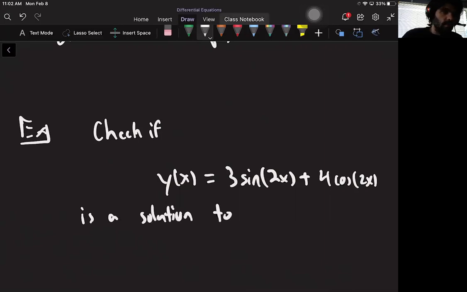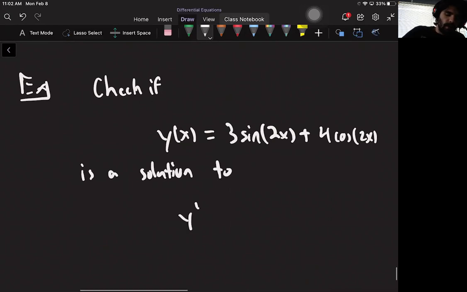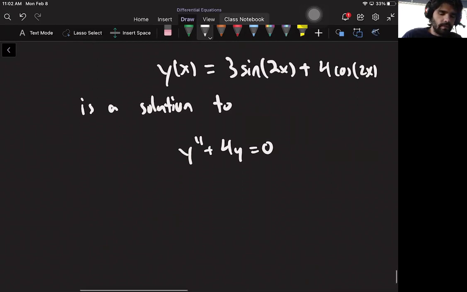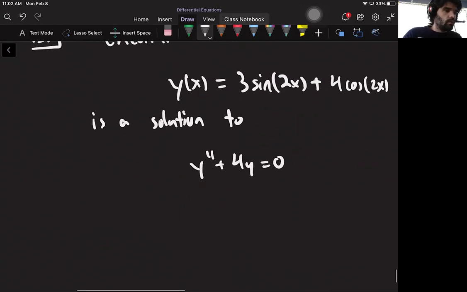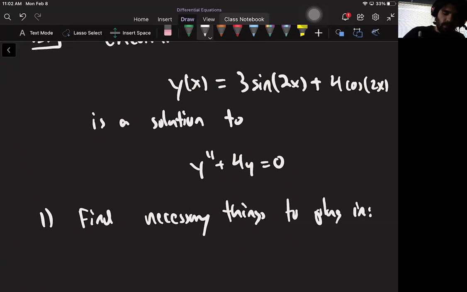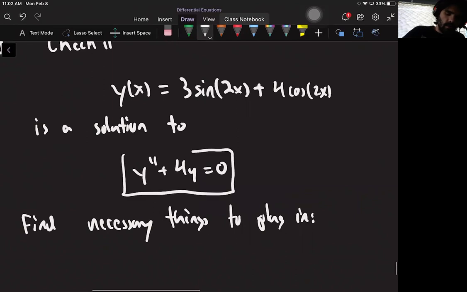And we're going to check if this is a solution to y double prime plus 4y equals 0. Okay, so the first thing in checking is we need to find the necessary things to plug in. My differential equation here has a second derivative in it.